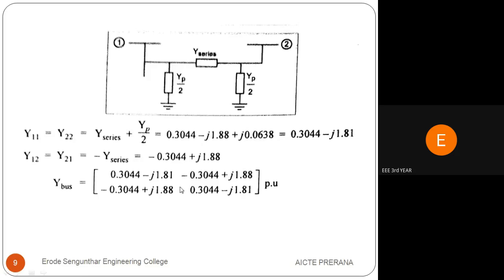We already studied that. Just substitute the values in the corresponding places. So finally we get the matrix: 0.3044 minus j 1.34, minus 0.3044 plus j 1.33, and minus 0.3044 plus j 1.33, and Y22 is 0.3044 minus j 1.33.